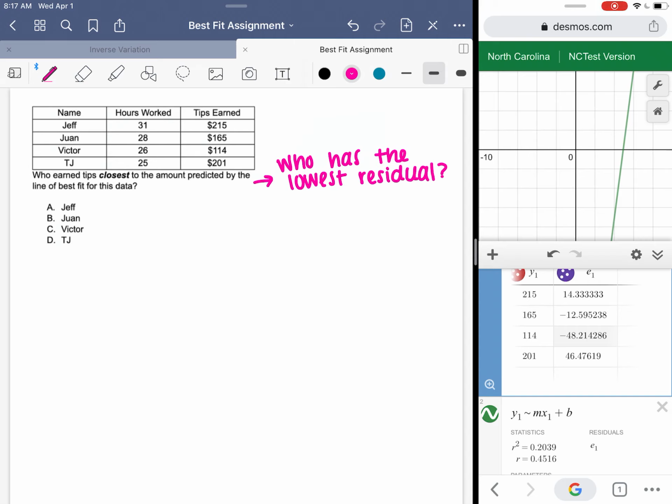And then plot our residuals. So the person with the lowest residual was Juan, because Juan's E1, or his residual, was negative 12.6.